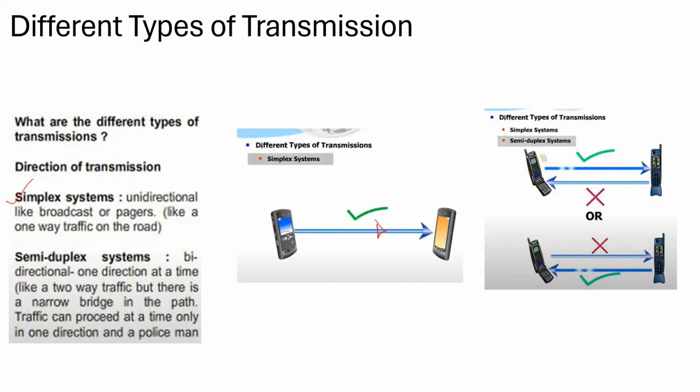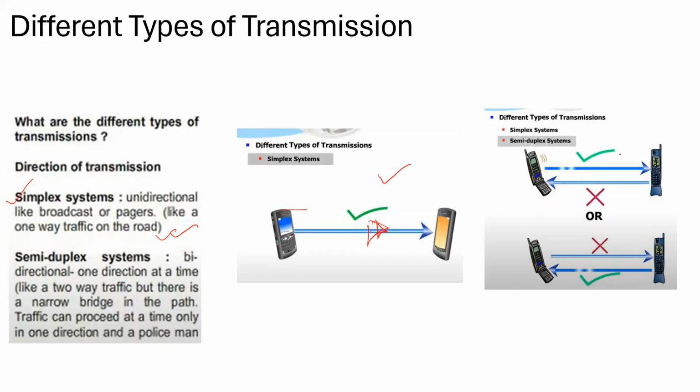So this device will only transmit and this device will only receive. At a time, only this device is able to transmit. So it is unidirectional, like broadcast or pagers, like one-way traffic on the road. This is an example of a simplex system.